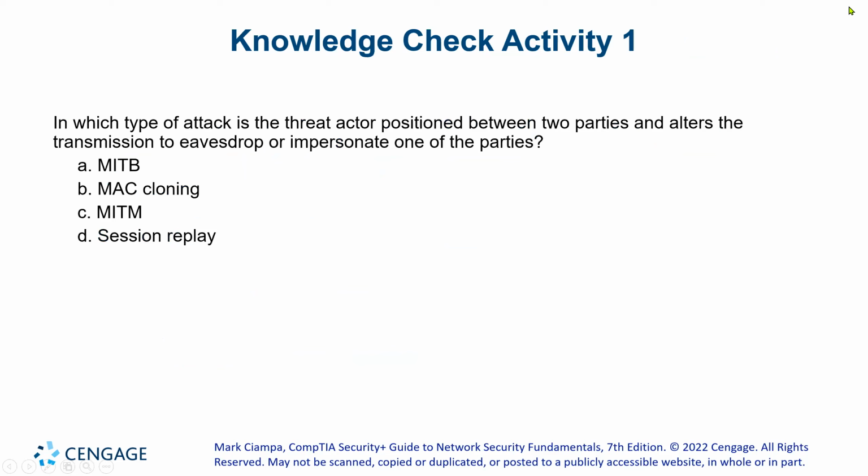Okay, knowledge check. In what type of attack is the threat actor positioned between 2 parties and alters the transmission to eavesdrop or impersonate one of the parties? MITB, MAC cloning, MITM, or session replay.